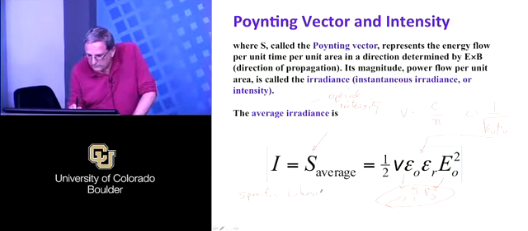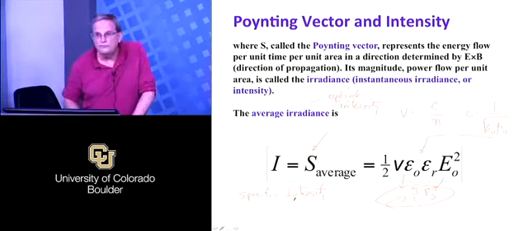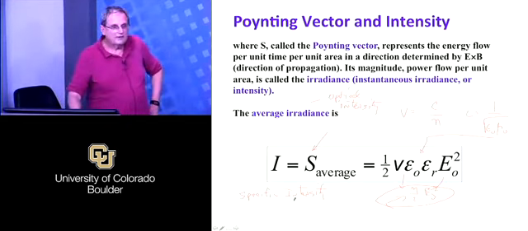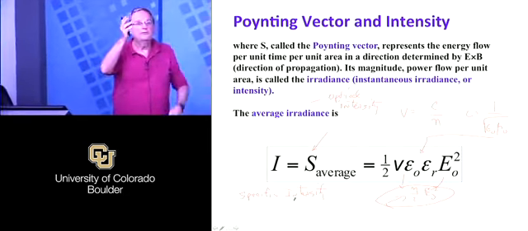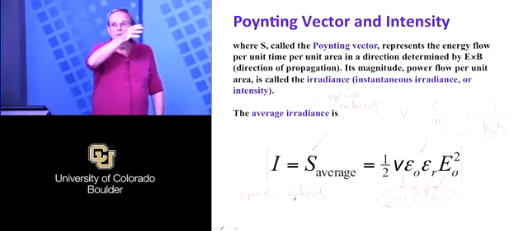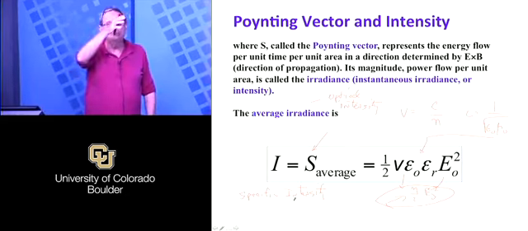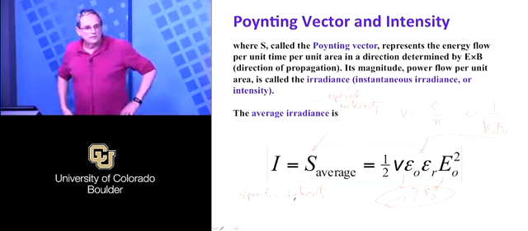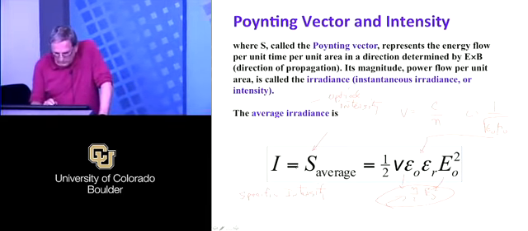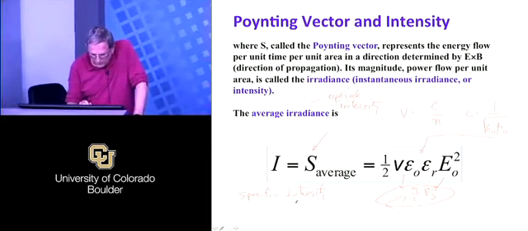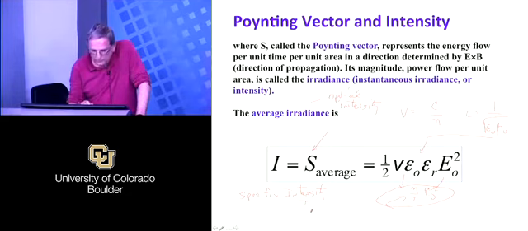Specific intensity is the quantity that's always used in astronomy and astrophysics. It's also called brightness in illumination science or illumination engineering. But the specific intensity would be the optical intensity per unit solid angle.